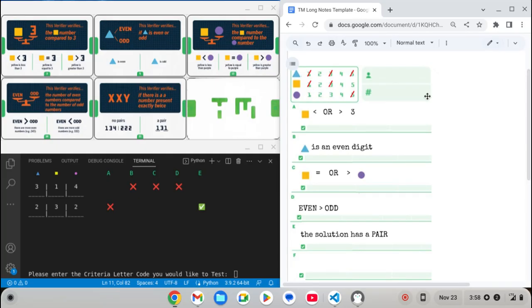So let's see, what else can we do? Okay, so square could still be a 5. So the question is, can we still have an all even solution?